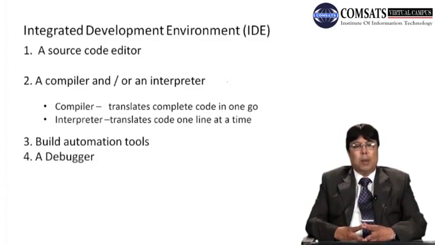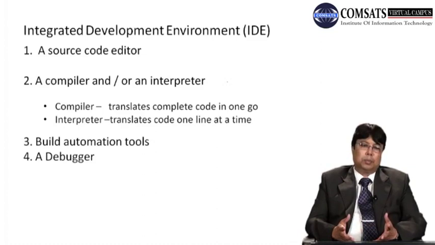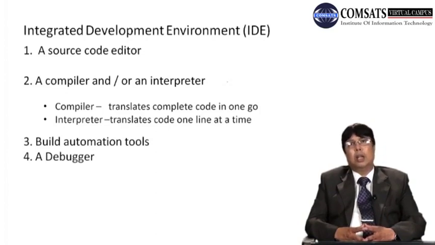The difference between compiler and interpreter is that a compiler translates complete code in one go, whereas an interpreter translates the code line by line. I will again explain it in future, some more interesting differences between compiler and interpreter.